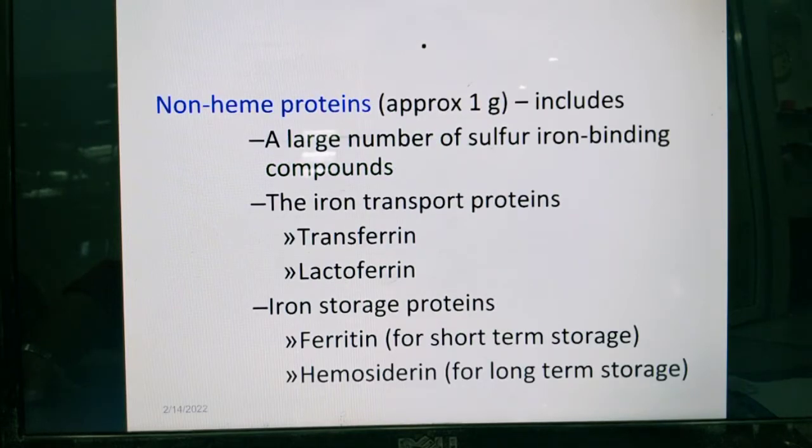And non-heme protein, approximately 1 gram, includes a large number of sulfur iron binding compounds, the iron transport proteins transferrin and lactoferrin, and iron storage proteins: ferritin for short-term storage and hemosiderin for long-term storage.